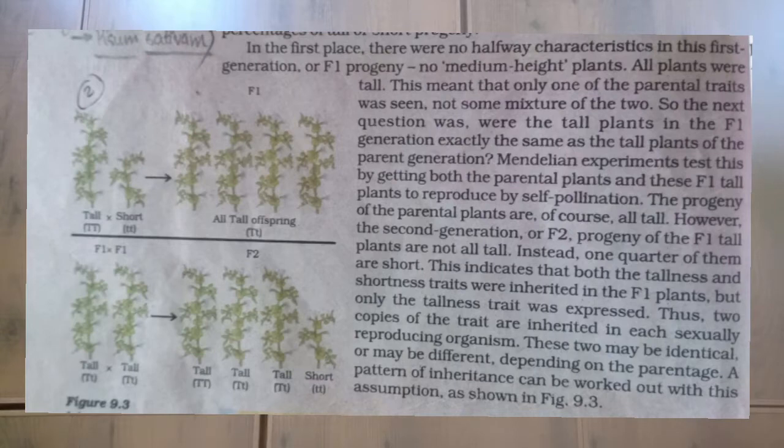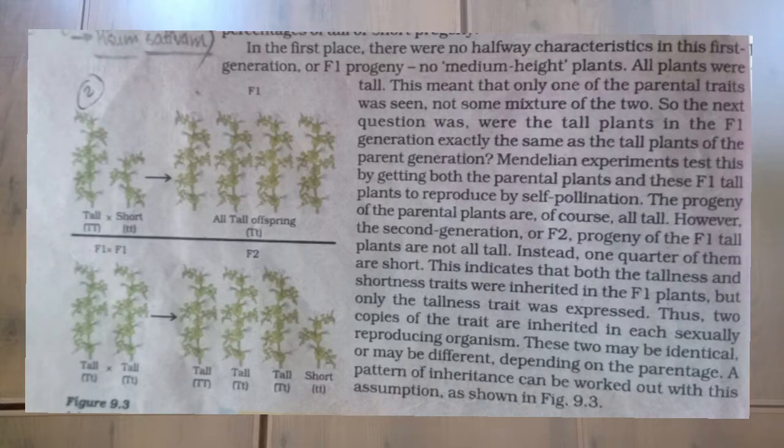The progeny of the parental plants are, of course, all tall. However, in the second generation or F2, the progeny of F1 tall plants are not all tall. Instead, 1/4 of them are short.